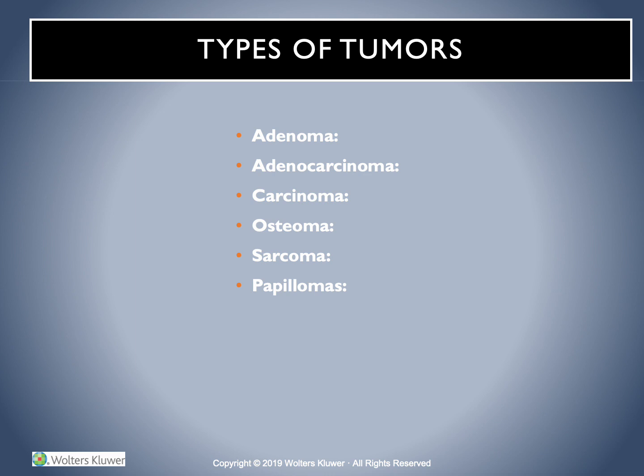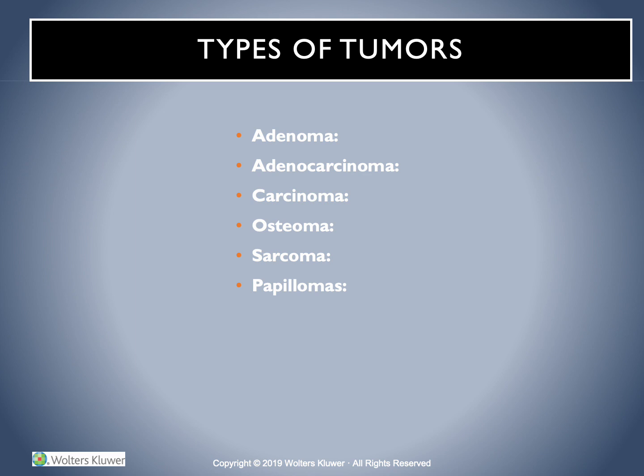Some examples of sarcomas include osteosarcoma, which is bone cancer, liposarcoma, which is fat tissue cancers, and leiomyosarcoma, which is smooth muscle cancers. You can also have lymphomas, and lymphomas are tumors that develop in the lymphatic system, which is a part of the immune system. They typically arise from lymphocytes, a type of white blood cell.